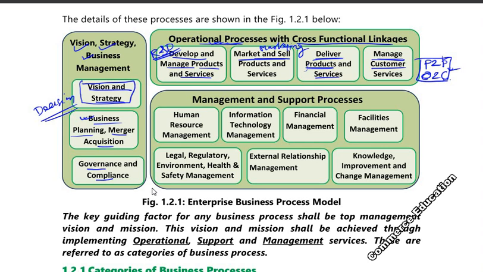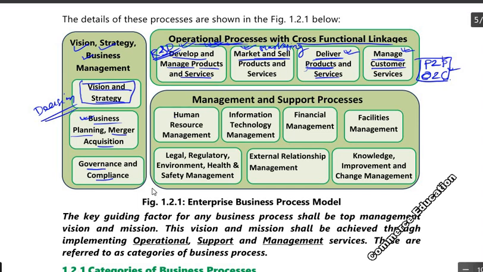So procure to pay and order to cash are the primary operational processes. But these processes are linked with many functional departments: research and development, marketing, logistic, management of customer service. So they are working together with the operational process to fulfill the operational process needs.